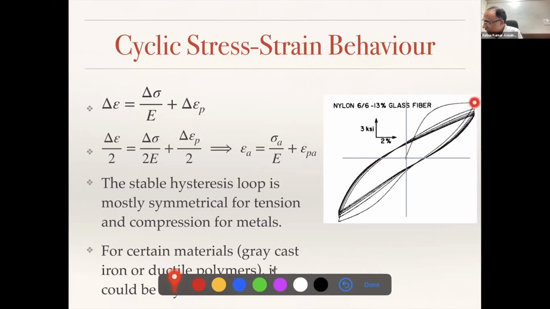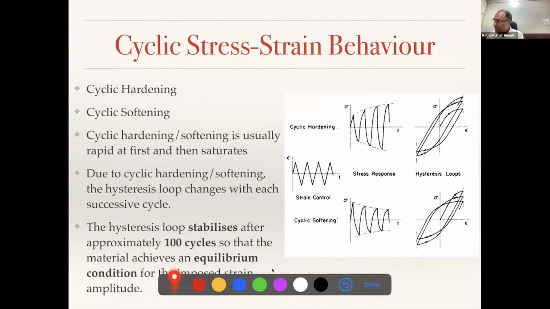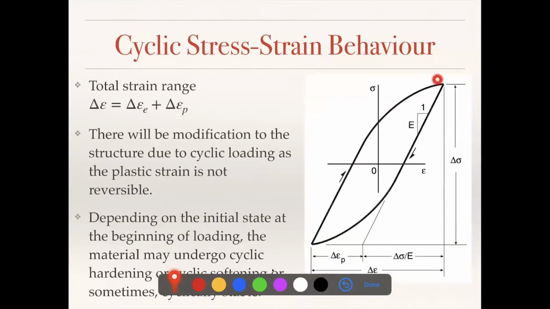Is this a cyclic hardening material or cyclic softening material? This one. Softening. Cyclic softening material. After some time, you see the hysteresis path is not changing. It is following the same path. This happens typically for metals after 100 cycles. So whatever curve I have drawn here can be seen as the saturated curve.